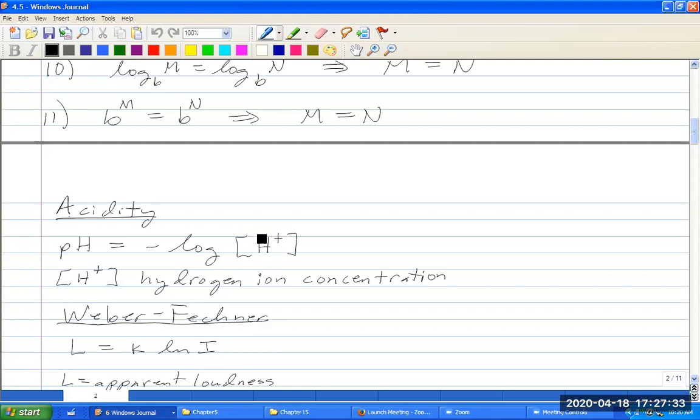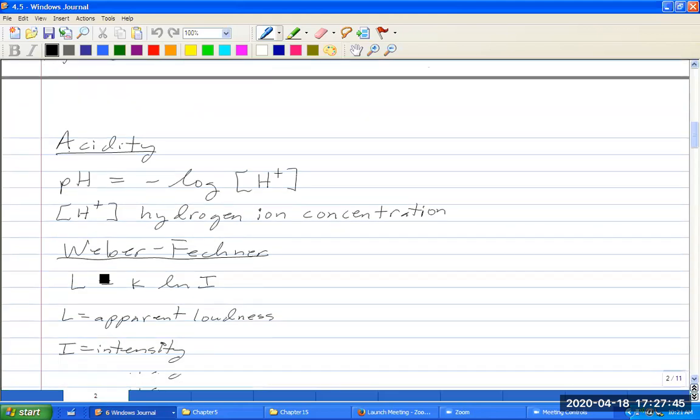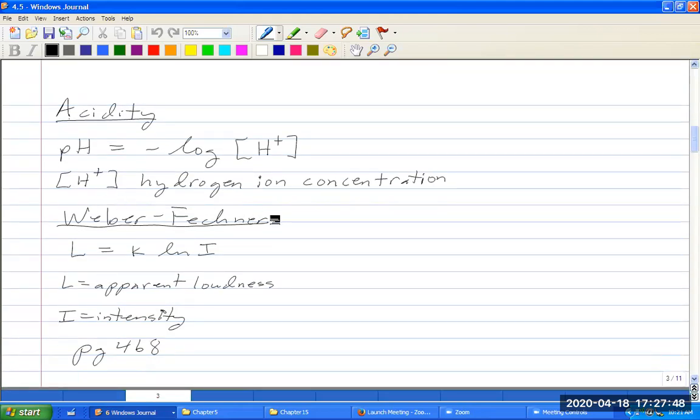This bracket H plus is just the concentration of the hydrogen ions in your solution. Weber-Fechner: L is equal to K ln I, where L is the apparent loudness and I is the intensity.